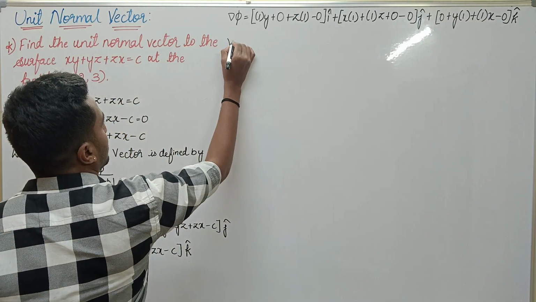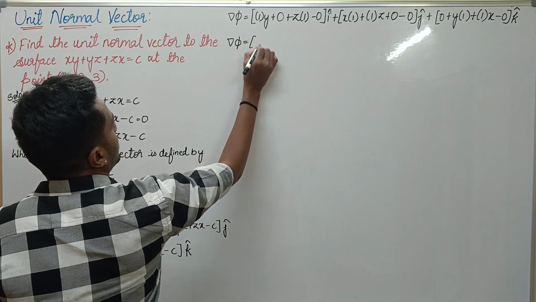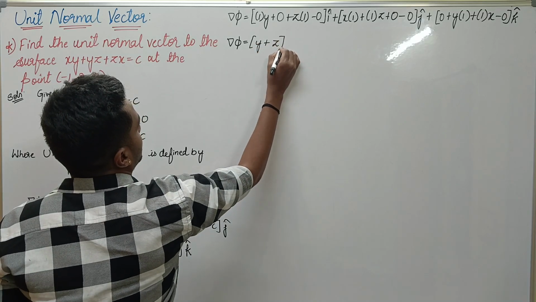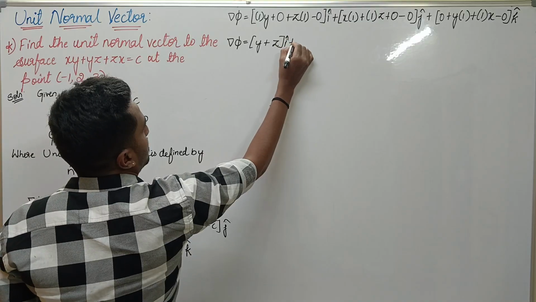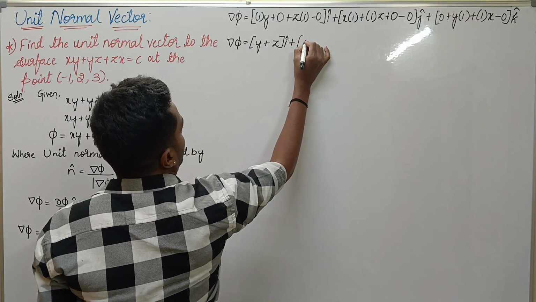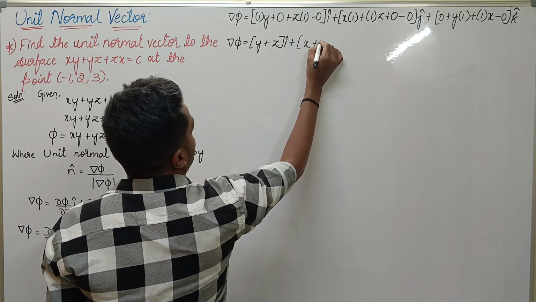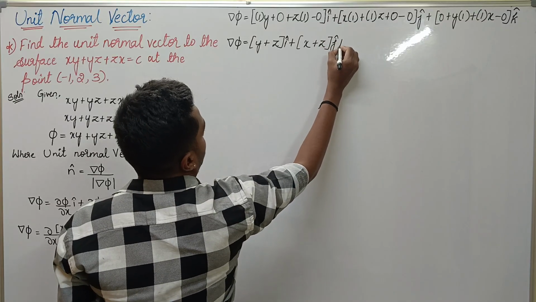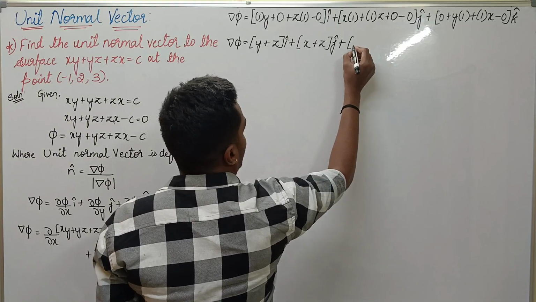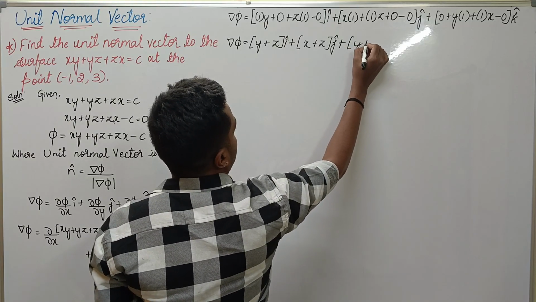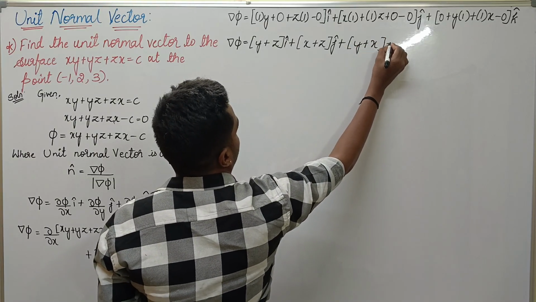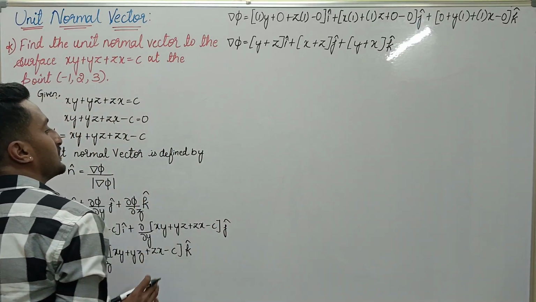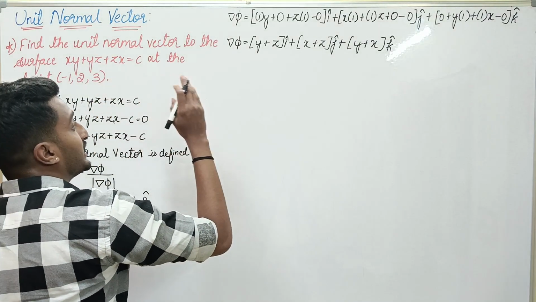So gradient phi equals (y plus z) i cap plus (x plus z) j cap plus (y plus x) k cap. Now this is our gradient phi.